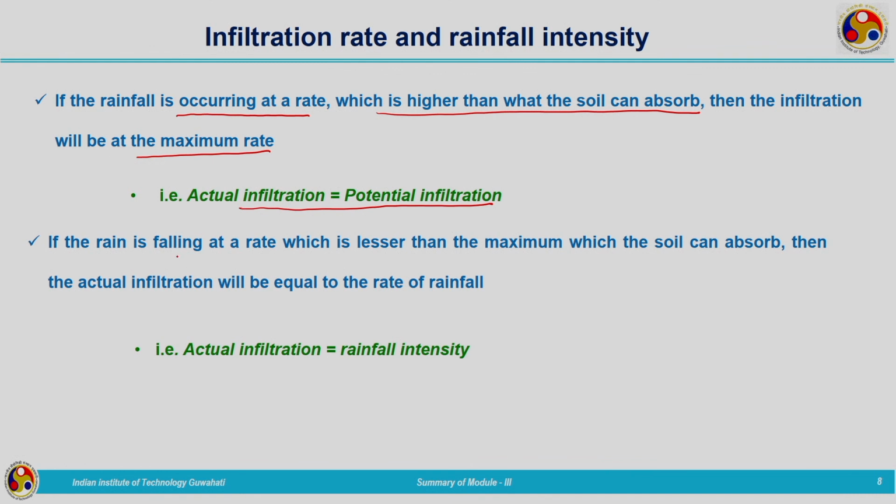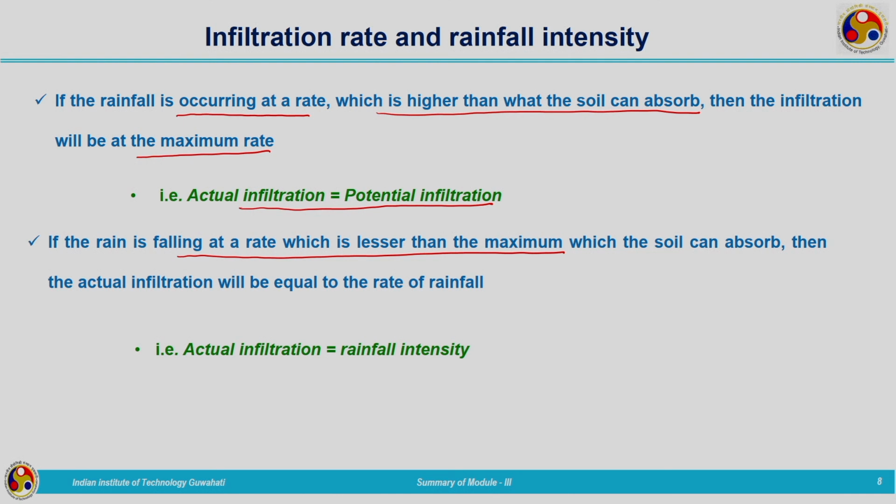And in some cases, if the rainfall is falling at a rate which is lesser than the maximum the soil can absorb, or the maximum infiltration that can take place at that particular location is more compared to the rainfall intensity, then what will happen? Whatever rainfall is falling, completely it will be infiltrated into the ground.